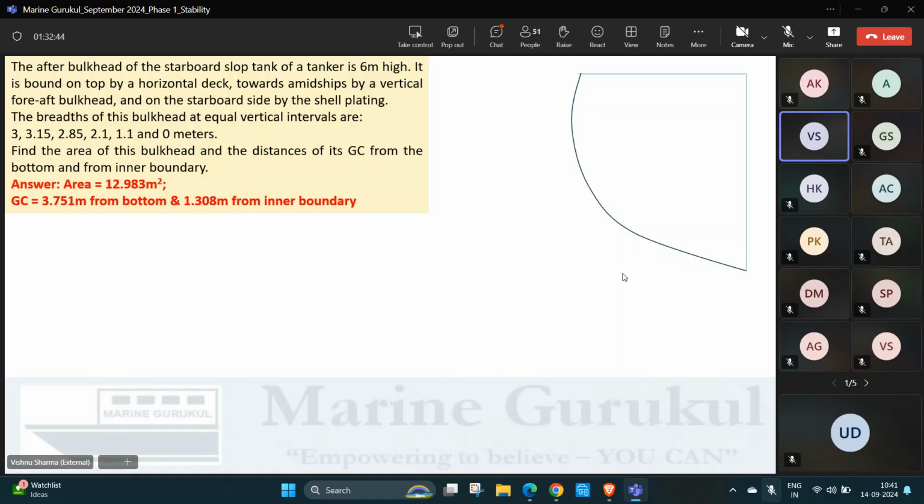If somebody has put the center line, this 4.5 bulkhead to the left and the curved part to right, it's okay, don't change it. These are the ordinates which are given to us: 3 meters, 3.15, 2.85, 2.1, 1.1, and 0. Right, guys? Agreed?